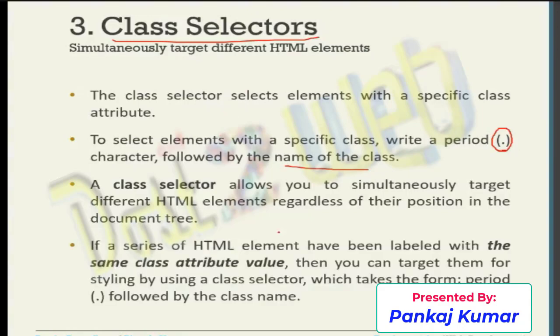If a series of HTML elements have been labeled with the same class attribute value, you can target them by using the class selector. That means you give the dot symbol followed by the class name.